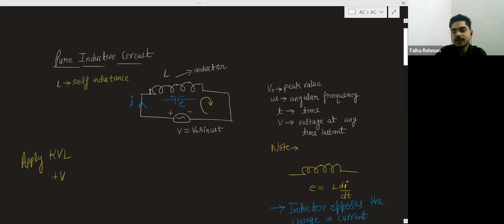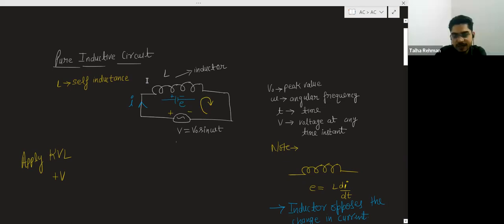And in an inductor, this inductor will produce a current in the opposite direction. In an inductor, the current will flow in the opposite direction.